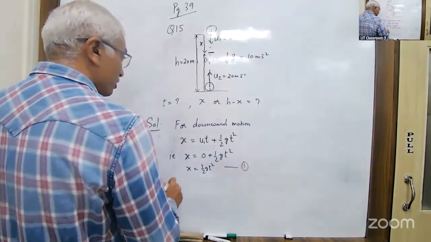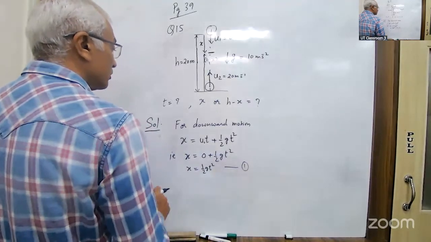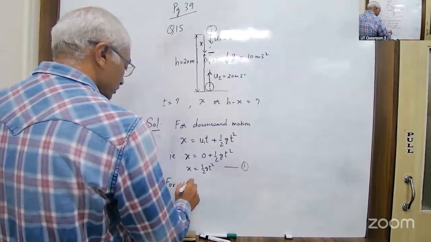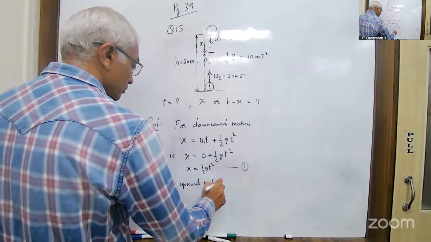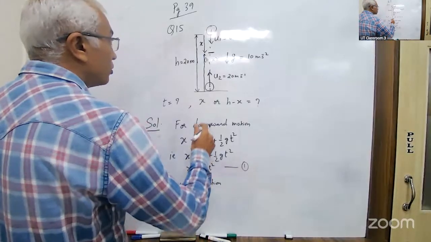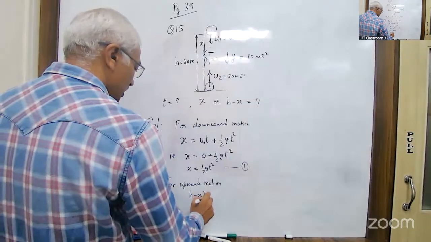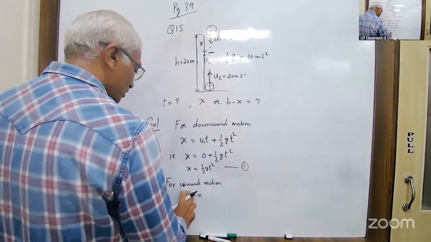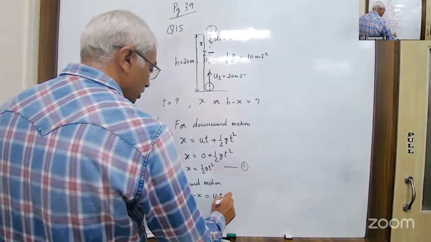For upward motion, what will be the equation? What is the vertical displacement? h minus x. So h minus x is equal to ut minus half gt square.